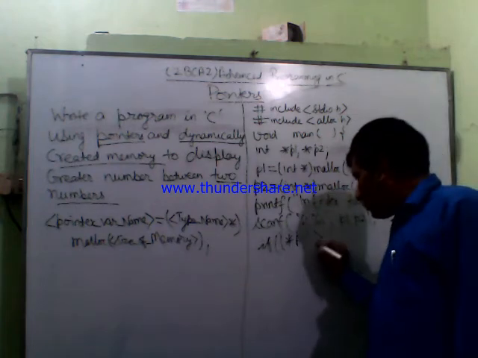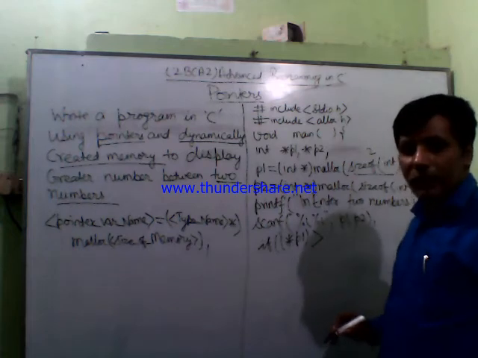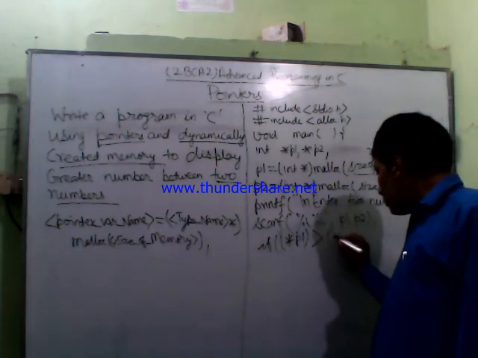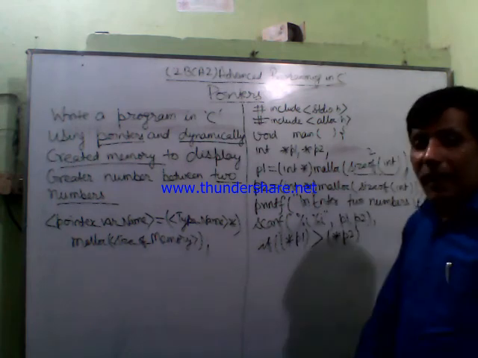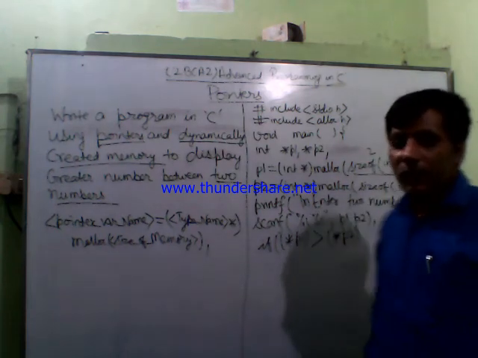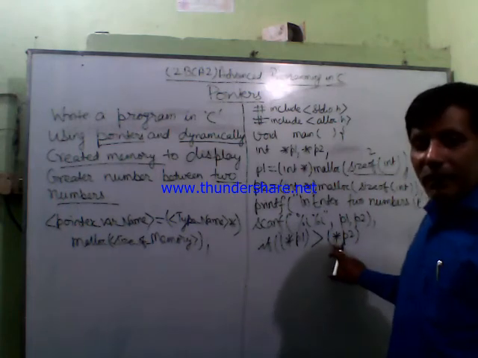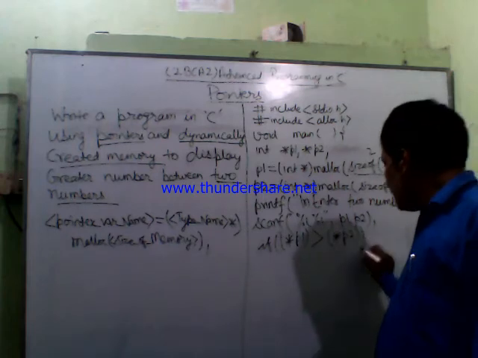and I have to perform a check for greater than. I have put the operator greater than, and thereafter I have put the name of the second pointer variable, and since I have to access the value by using the pointer variable, I have preceded the dereference operator before the pointer variable name.